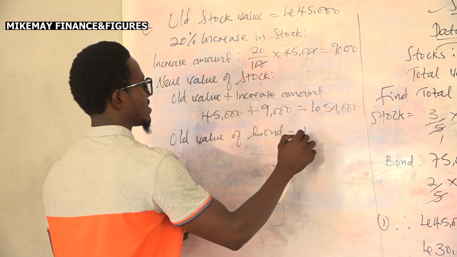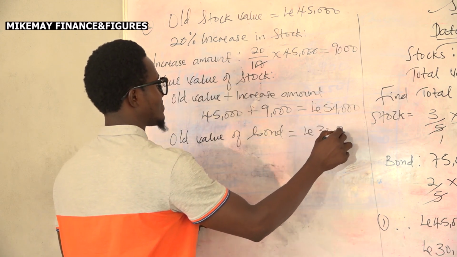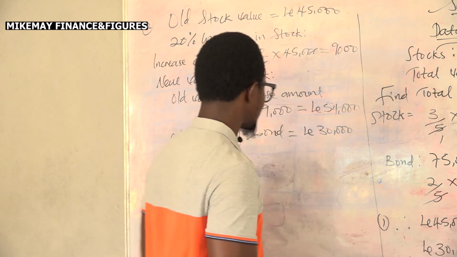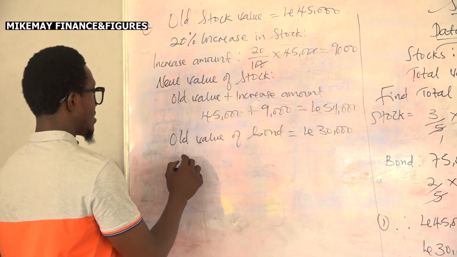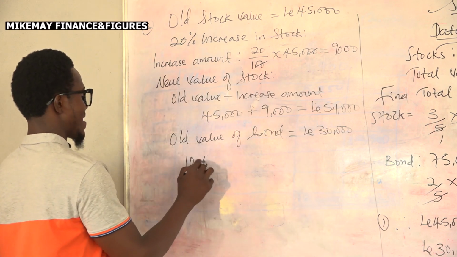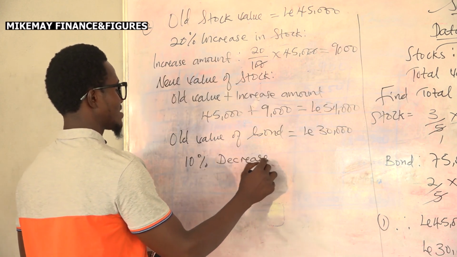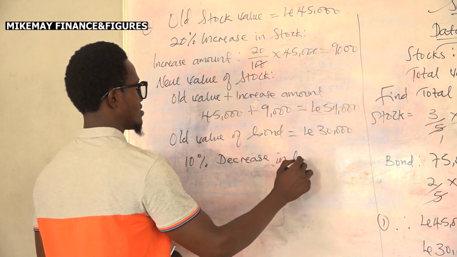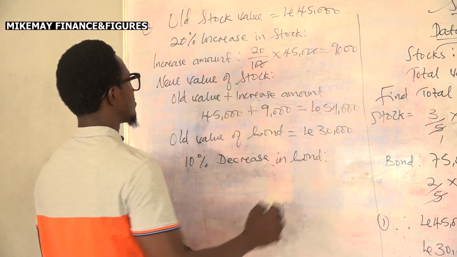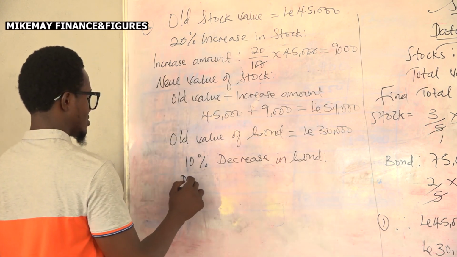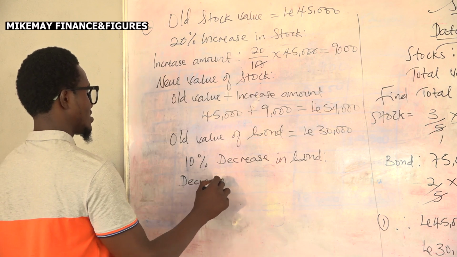Old value of bond is 30,000 as per our calculation. It's here. Okay? Then there is a 10% decrease in bond. So, can we find the decrease amount?